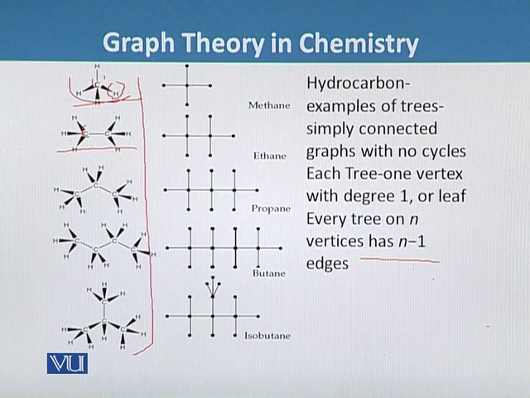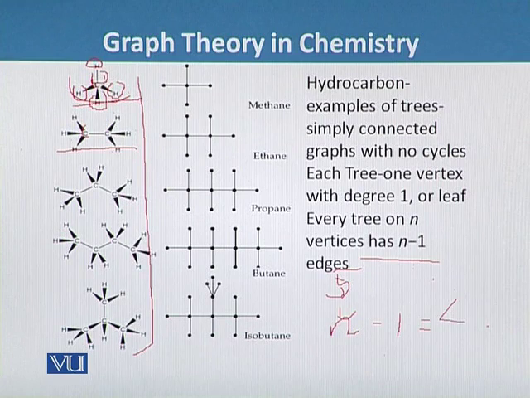This H is one vertex, this is the second vertex, this is third, fourth, and C is the fifth vertex. So the number of vertices is 5, and we represent 5 as n, and from this n we can calculate the number of edges, which is n-1, and it comes out to be 4. And we can see in this one that there are 4 vertices.